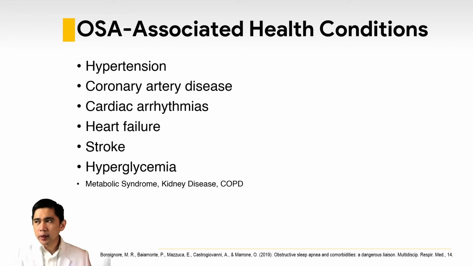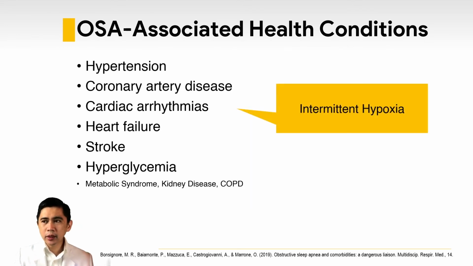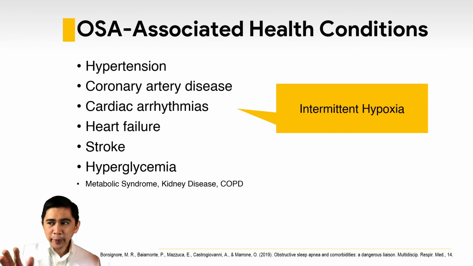There are so many health conditions connected with OSA, and their primary pathophysiology is the intermittent hypoxia a person gets during sleep. This will give rise to hypertension, coronary artery disease, etc. And they found out that treating OSA wipes out all of these conditions. So that's why they have a high degree of association.